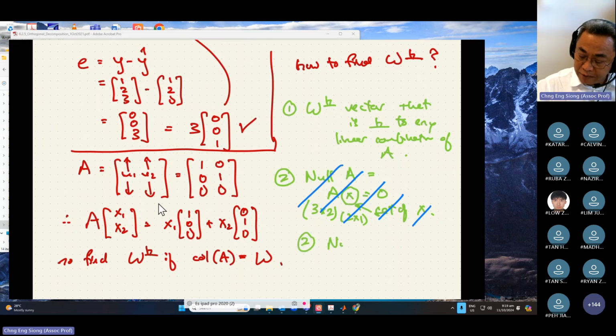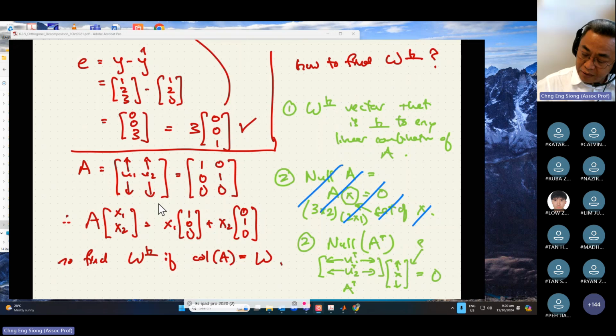What about the null space of A transpose? What is A transpose? A transpose is u1, u2, right? This is A transpose, times what? Times x. Who's x? And the null space means the set of this vector, such that this guy multiplied by this guy, sorry, this guy inner product with this guy is 0. This guy inner product with this guy is 0.